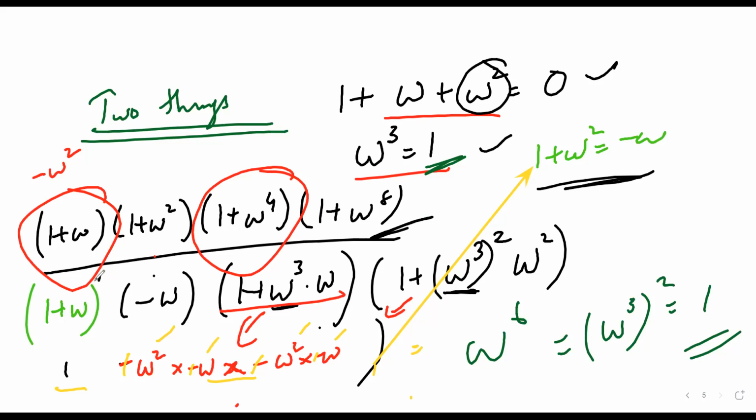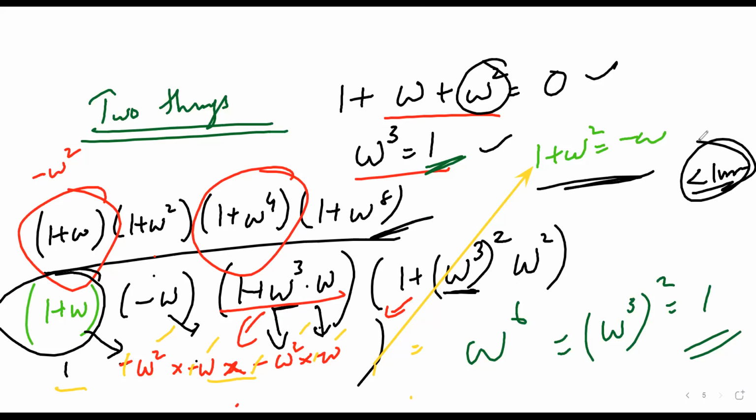Correct. So here I'm using a simple substitution. 1 plus omega is what? Minus omega square. Minus omega. Again 1 plus omega, what is it? Minus omega square. Again here 1 minus omega. So everything has got minus. 4 minus, it becomes positive. That's all. Simple thing. So I'll get omega cube the whole square, which is nothing but omega power 6. Now, at least it can be reduced to less than 1 minute. Okay.